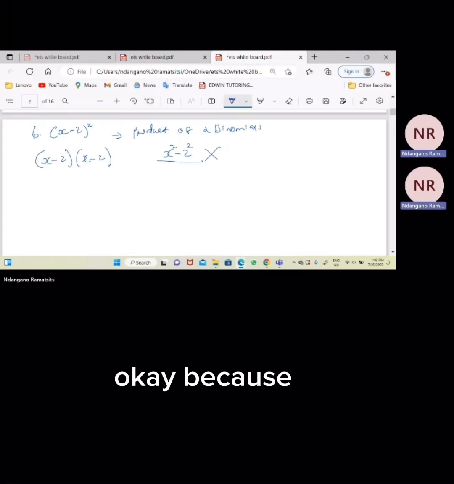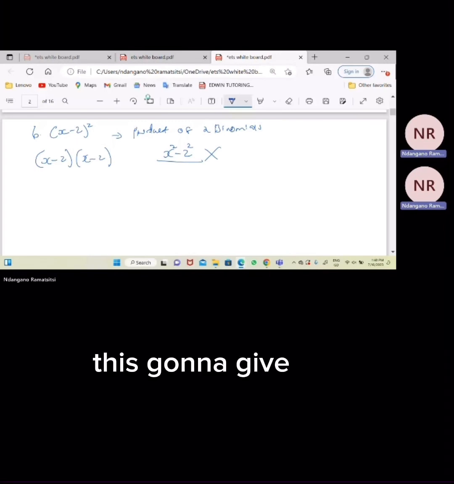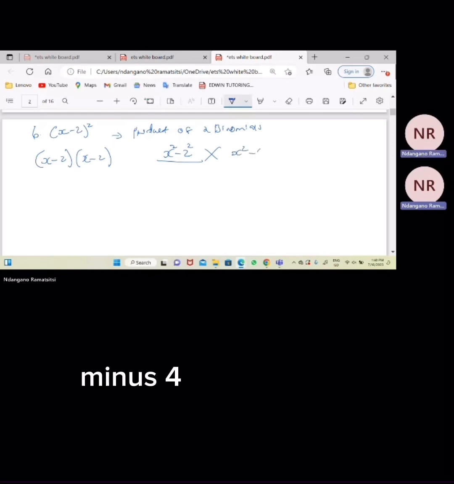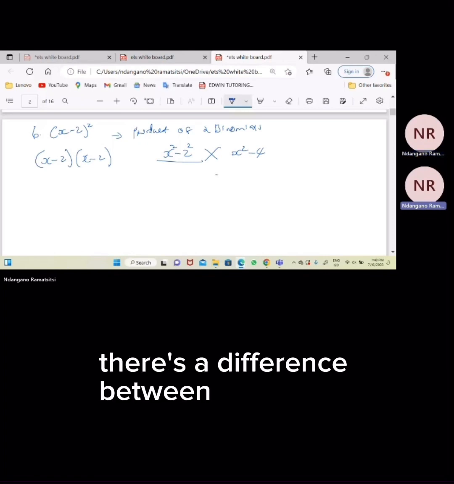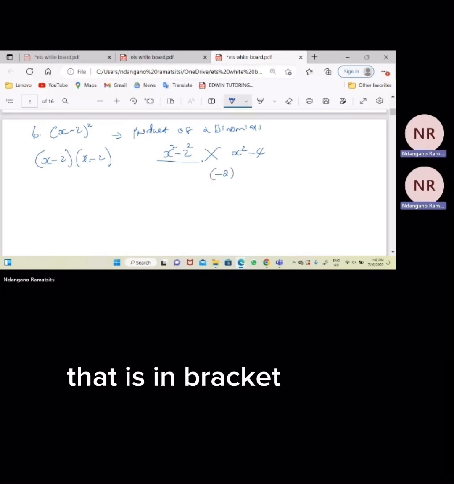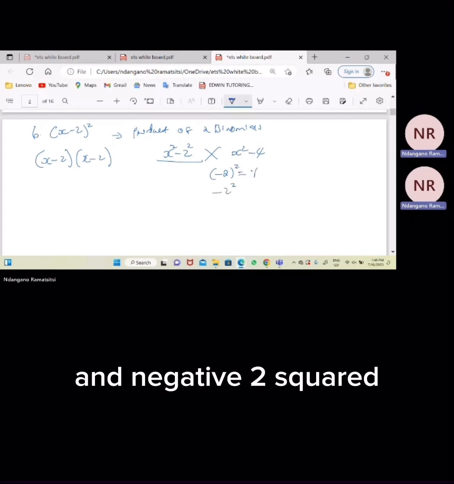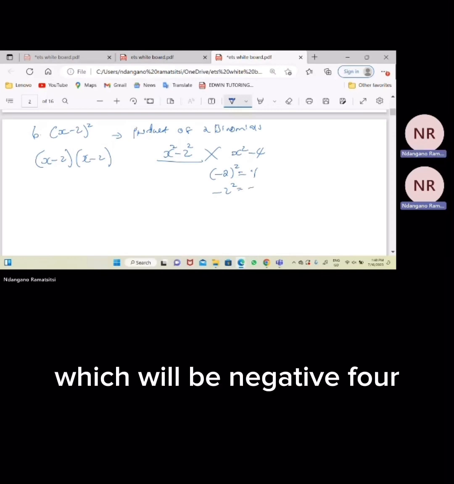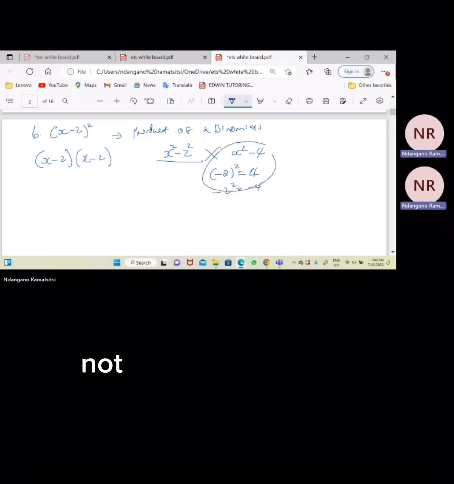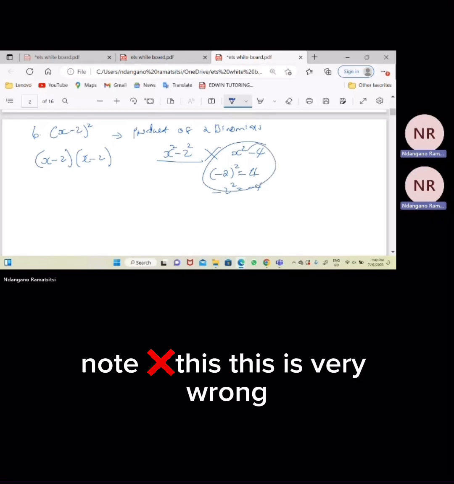Because if you do this, it is going to give us x squared minus 4, because they are using 2 squared is 4, because there's no bracket. There's a difference between negative 2 in brackets like this, squared, which will give us 4, and negative 2 squared, which will be negative 4. Note this. This is very wrong.